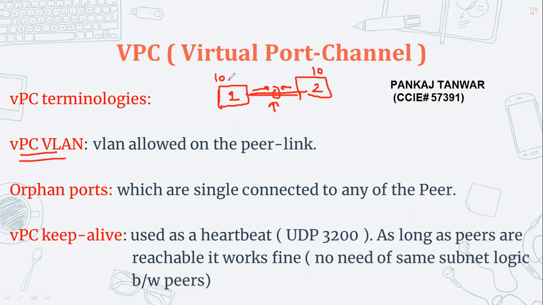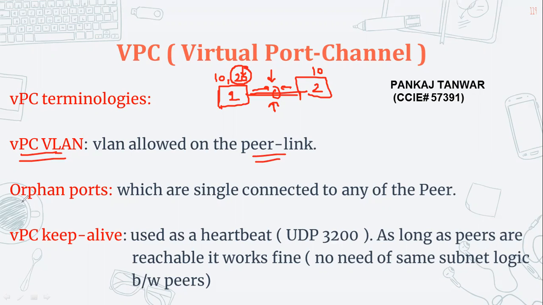If you create VLAN 20 here and you don't create VLAN 20 here, then VLAN 20 will be pruned, or not allowed on the peer link. So this VLAN is not a VPC VLAN. A VPC VLAN is a VLAN that will be allowed on your peer link.